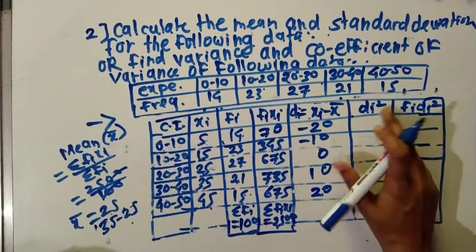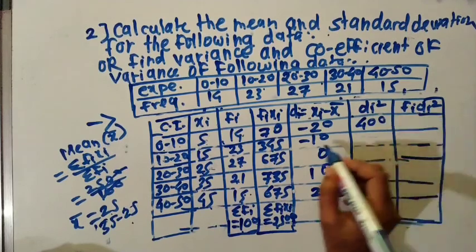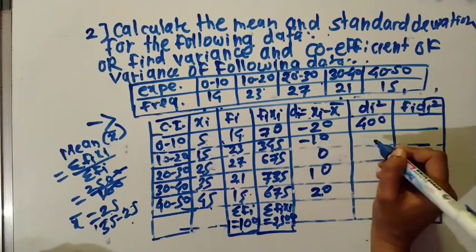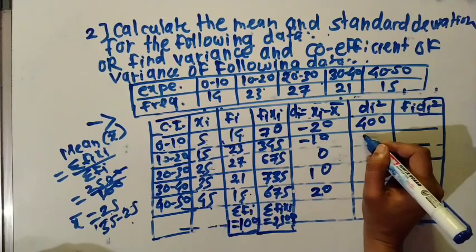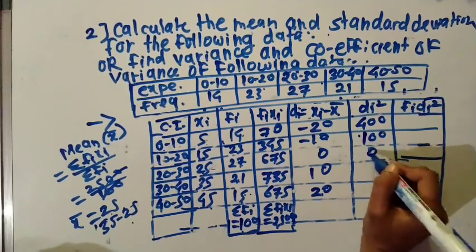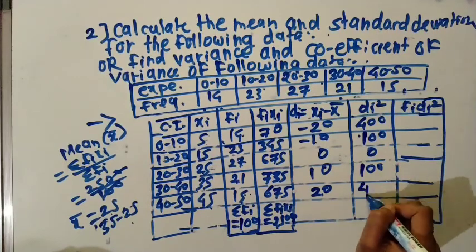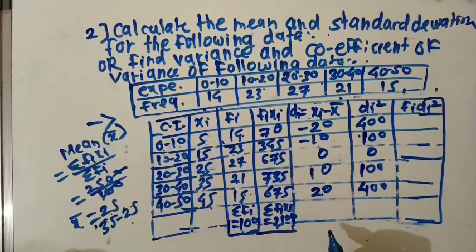Then di square: 20 square is 400, 10 square is 100, 0 square is 0, 10 square is 100, 20 square is 400.